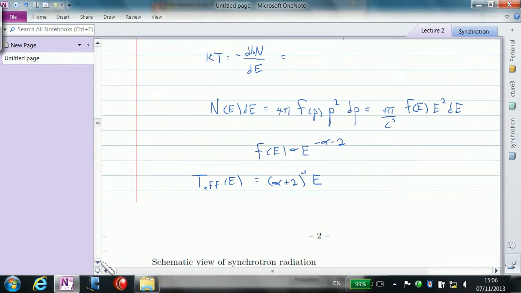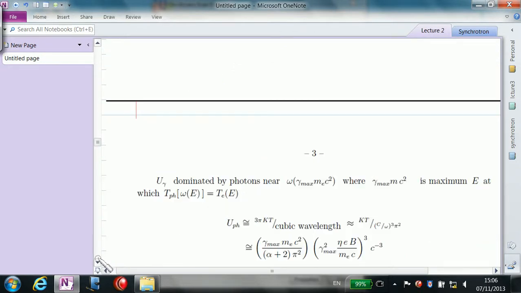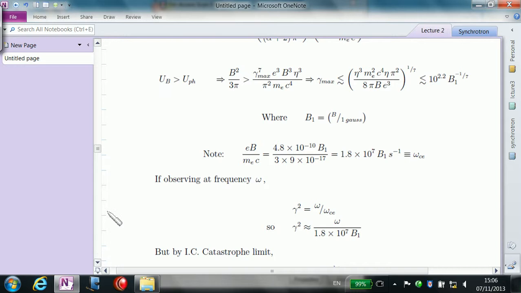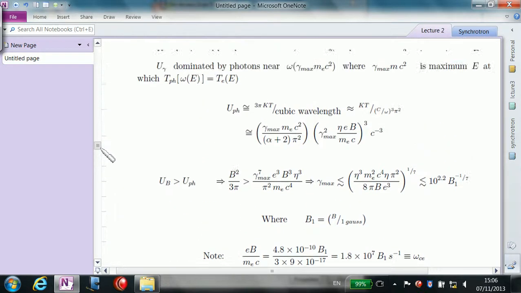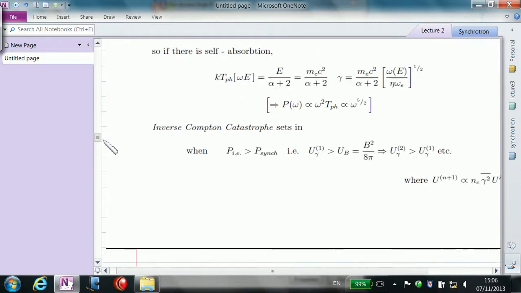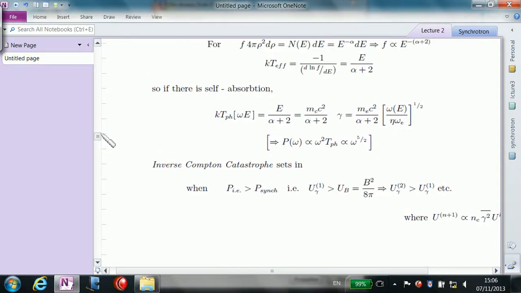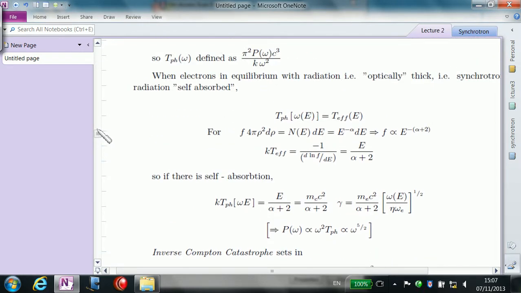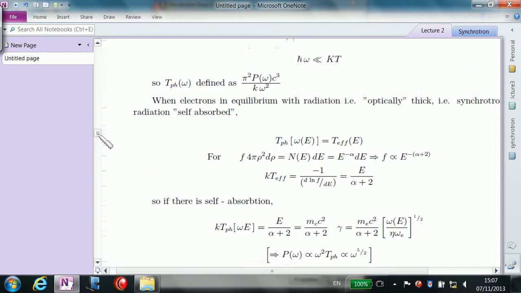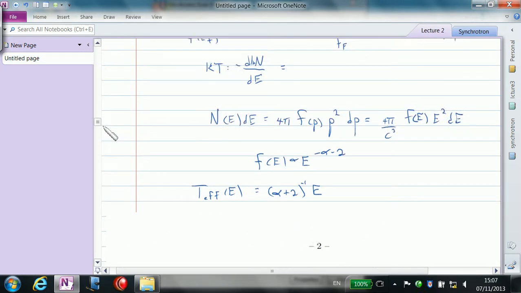My intuition told me that it should be times alpha plus 2. No, if it's steeper, it means the temperature is smaller. Yeah, okay. So it's E over alpha plus 2.